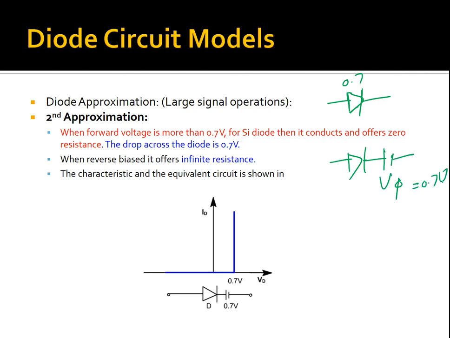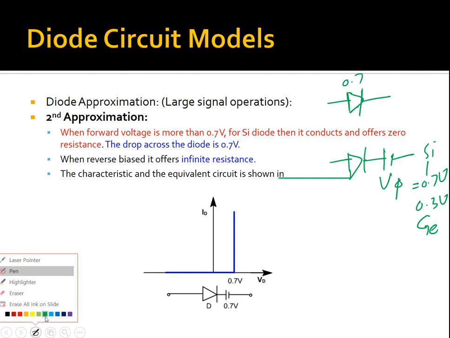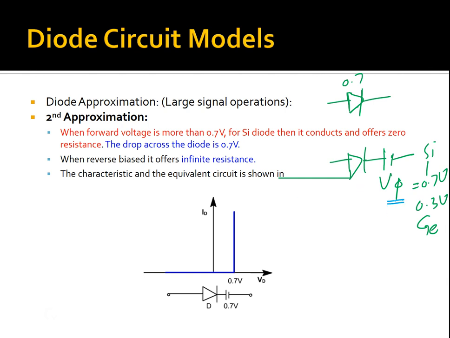The typical value is 0.7 volt for silicon and 0.3 volt for germanium. In real time, we must supply this barrier potential and then the diode will be in forward bias. At that time the diode offers zero resistance, and in reverse bias it offers infinite, high resistance. This is the second approximation, which is more accurate than the ideal diode.